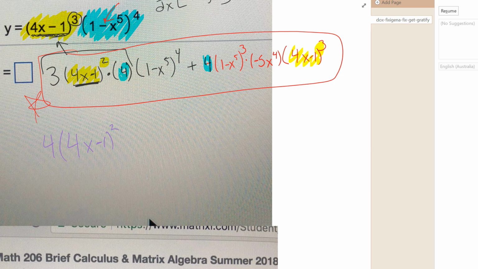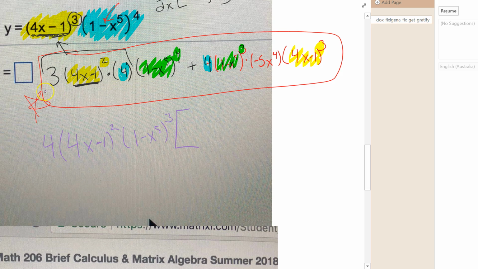I have a 1 minus x to the 5th and a 1 minus x to the 5th. I have 4 here and 3 here, so I can pull out 1 minus x to the 5th cubed. I think that's all I have in common.